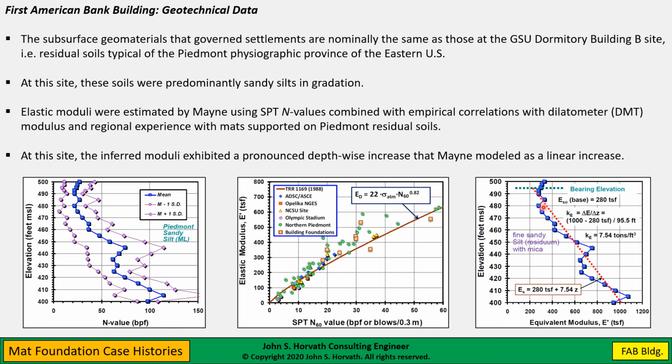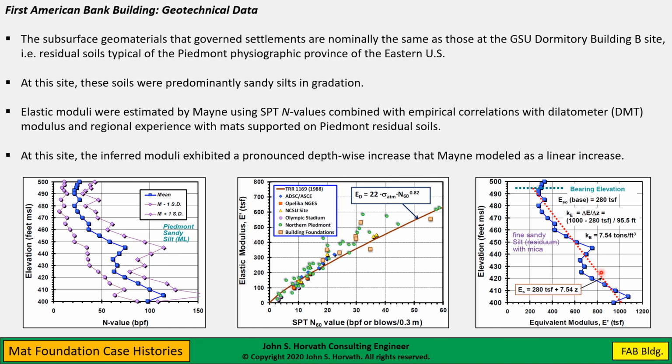I could go back to the original data, not Main's linear interpolation, break this up into layers, in this case 10 feet, roughly 3 meters thick. I'll divide this up into a layered elastic system with a constant Young's modulus for each of these artificial layers, and I'll come up with an equivalent single value Young's modulus.